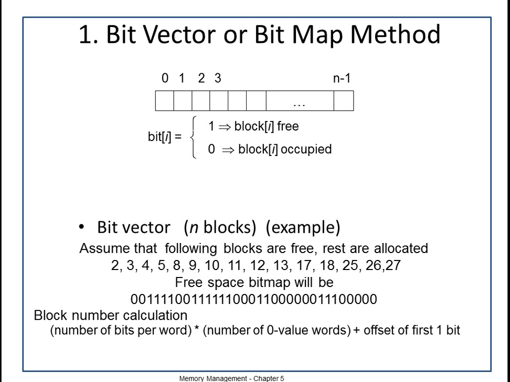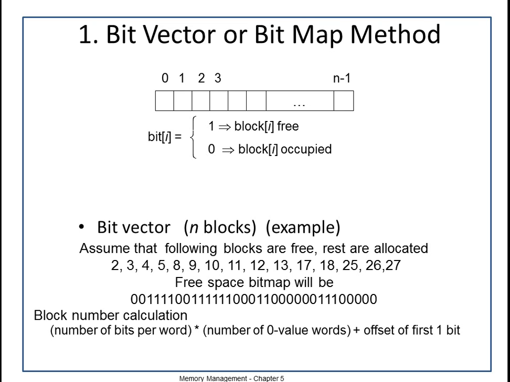Now this is just like a reserved area where each bit will represent a single block of the disk. So if there are 2 raised to 10 blocks in our disk, we will need 1024 bits to represent whether those blocks are free or occupied.